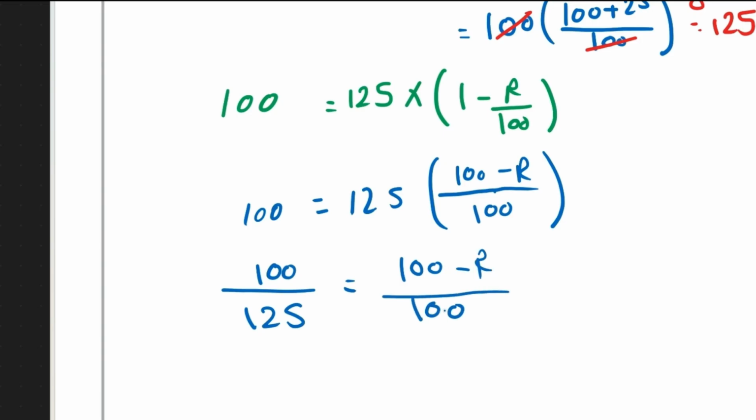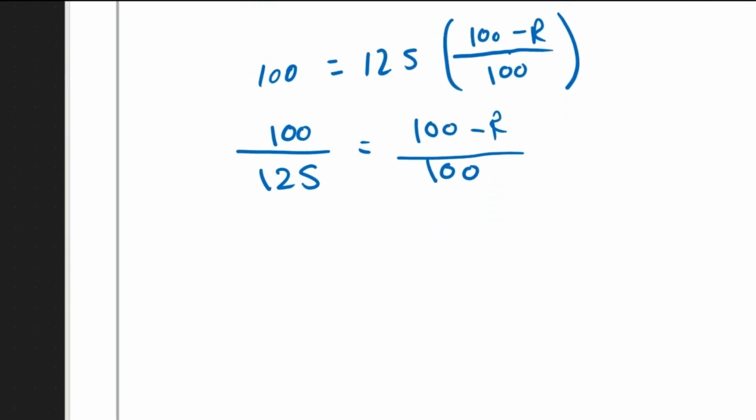So the easy way first, before rearrangement, we need to cancel down the fraction to make it easy for us. 100 could be divided by 25, and the bottom of the fraction 125 also could be divided by 25. So 100 divided by 25 is 4. 125 divided by 25 is 5.